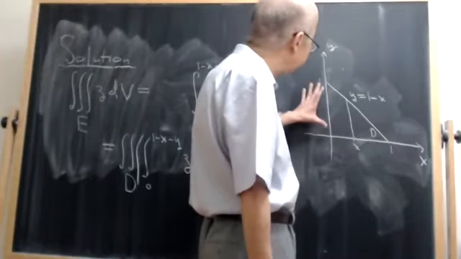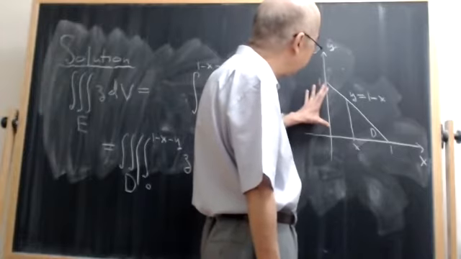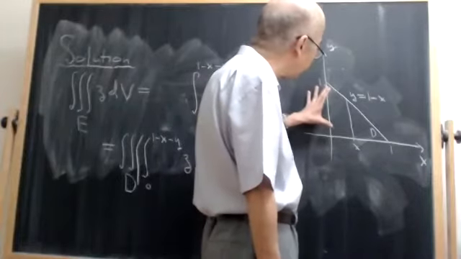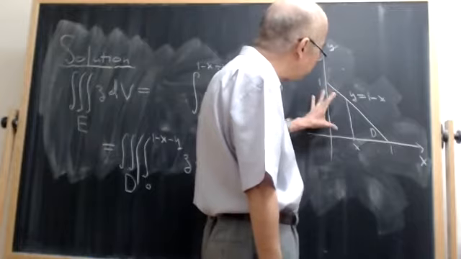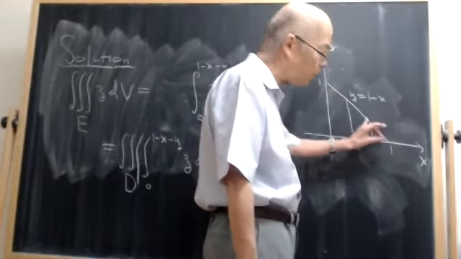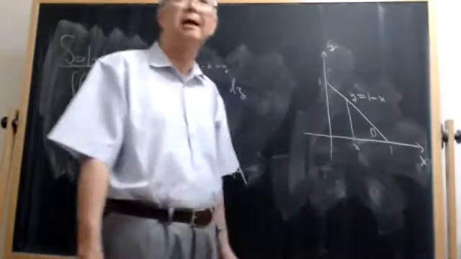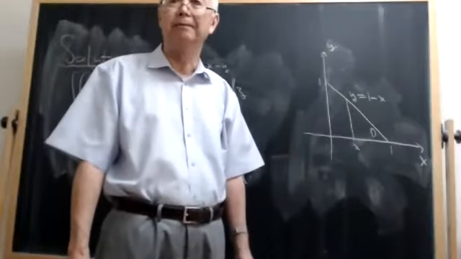When it's here, the length of the line is 1. And then when you move, it also shrinks to a single point.